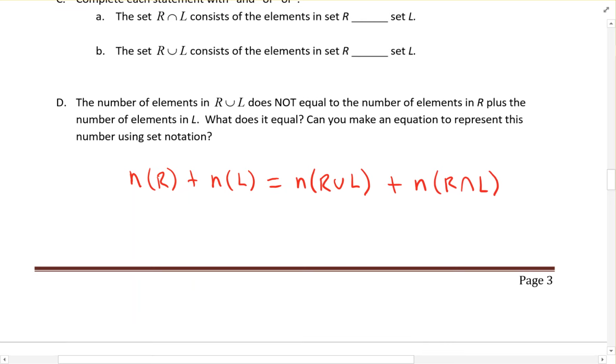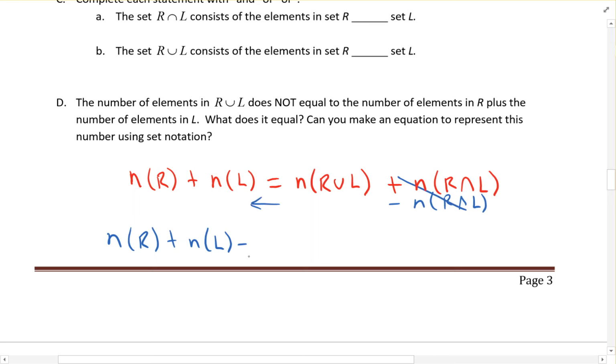Hopefully that made sense. And now I'm just going to write this a little bit differently. I'm going to write this as n(R) plus n(L), the number of elements in L. And now I'm going to subtract n(R intersection L) from both sides, and bring it over here, right? So I'm just rearranging this equation.